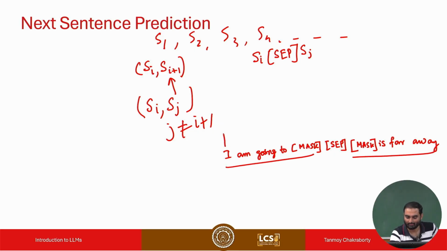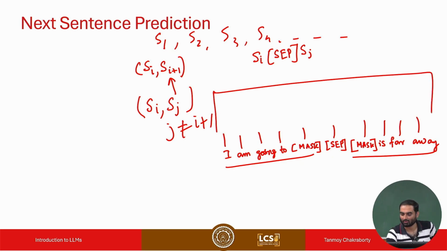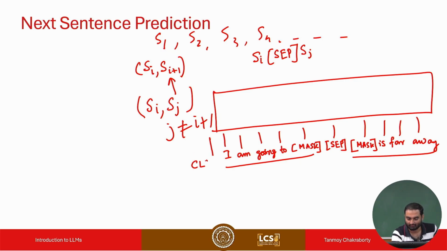I get the embeddings of I am going, so these are all pre-trained embeddings. Then in the first encoder block, self attention, feed forward network, all these things will happen. And then I will add another token here, which is called the CLS token. CLS stands for classification.